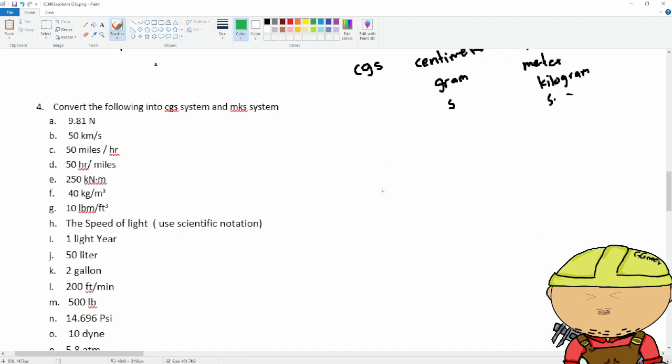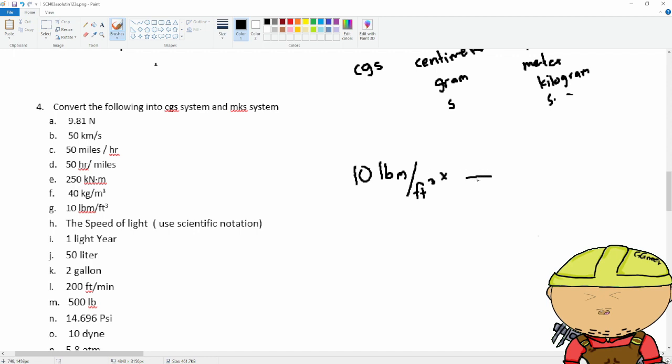Letter G. 10 pound mass per feet cube. It seems that we have a pound mass here, and pound mass is an English unit and feet is an English unit.